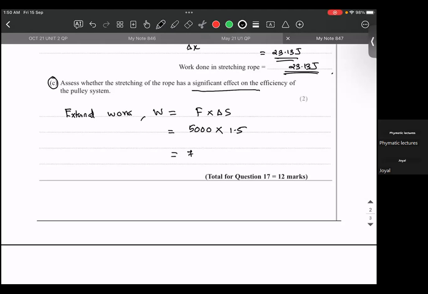If you multiply, the answer is 7,500 Joule. So 7,500 Joule. This is the external work, or the work done by the pulley system.